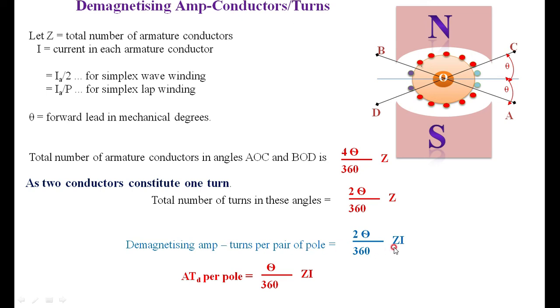It is ampere turns for one pair of poles. If you divide once again by 2, we get demagnetizing ampere turns per pole. Okay, this is the expression for demagnetizing ampere turns per pole for a DC machine.